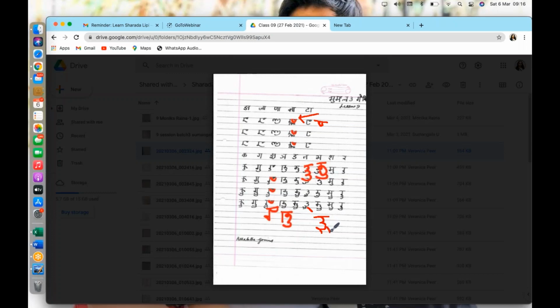The matra has to start slightly on the side like this, and u would come here. It has to be drawn slightly on the side, not at the bottom, because at the bottom it will go way beyond the framework of the letter. If you start the matra like this, that is one, not correct, and second, it does not look aesthetically good. So it has to be started on this particular side of the letter.